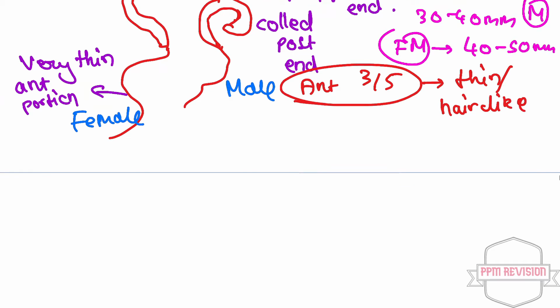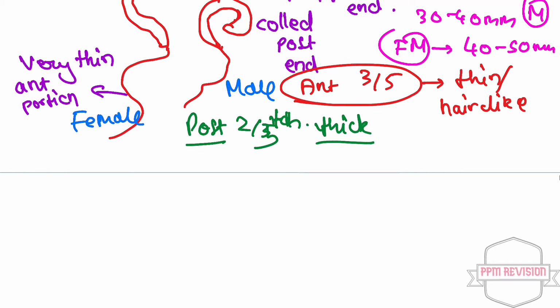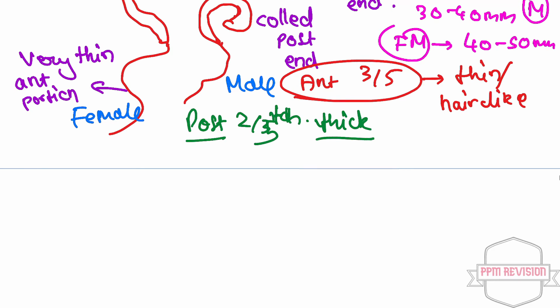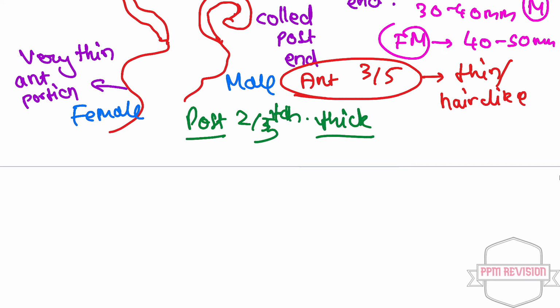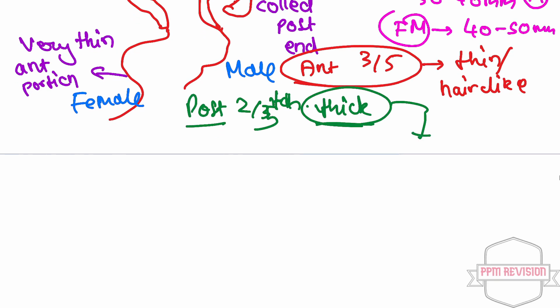The posterior 2/5 is thick and stout, and it resembles the handle of a whip.